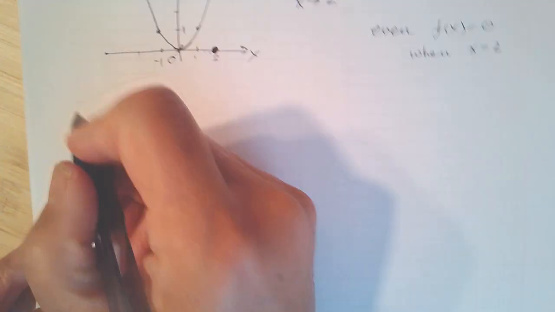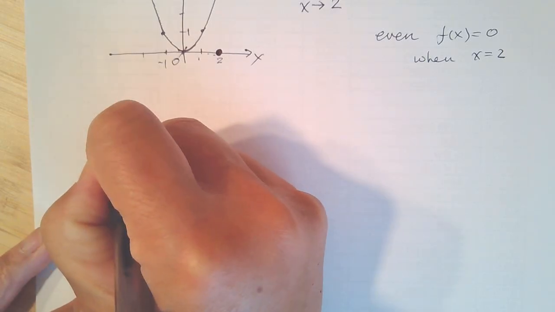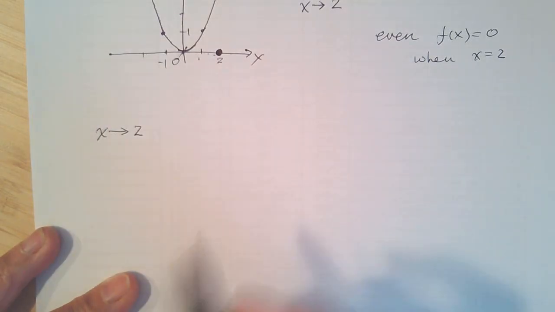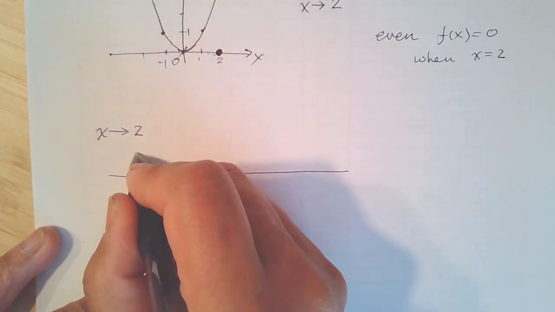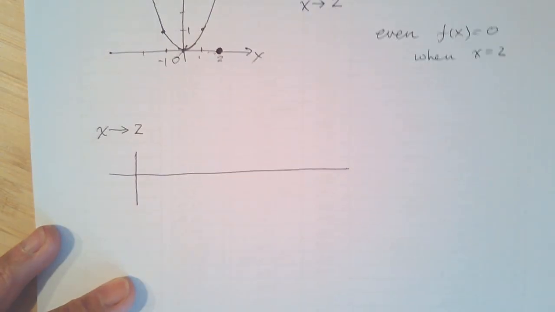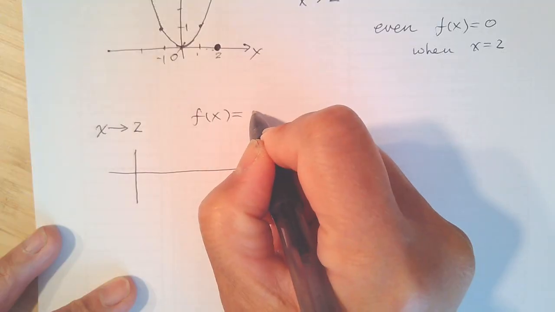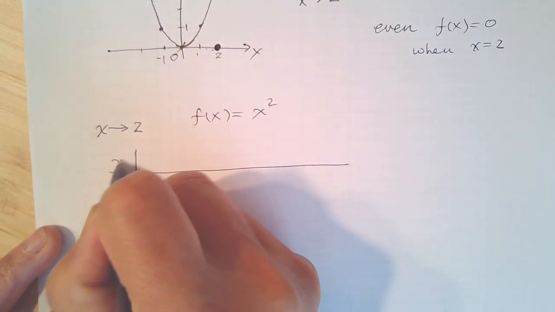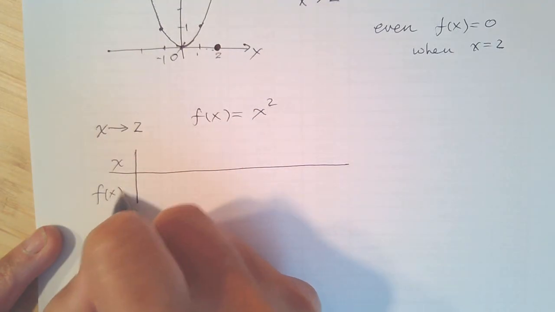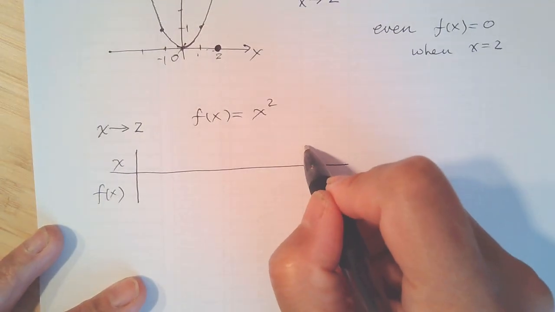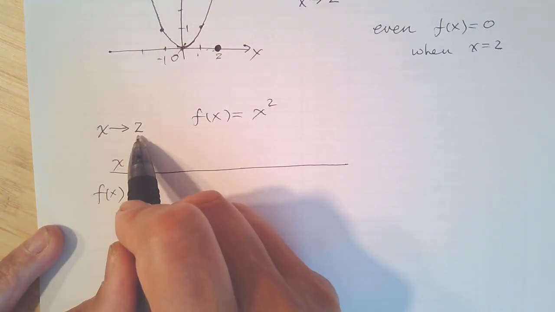What that means is this: when x approaches 2, you come up with a little table instead of graphing it. f of x equals, let's say, x squared. So here's x and here's f of x. Now I want x to approach 2.